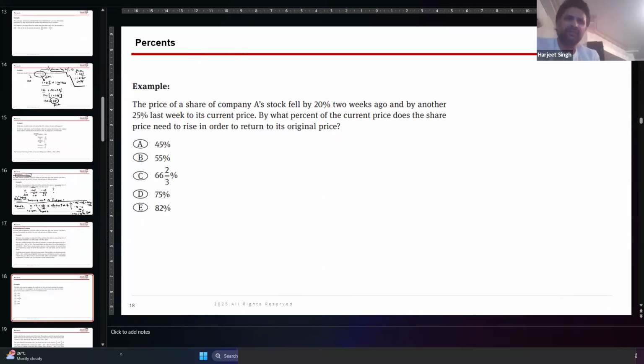Let's solve this one. The price of a share of company A stock fell by 20% 2 weeks ago and by another 25% last week. So it first fell by 20% and then by another 25%. Say the original price is P0 and the final price is PT.